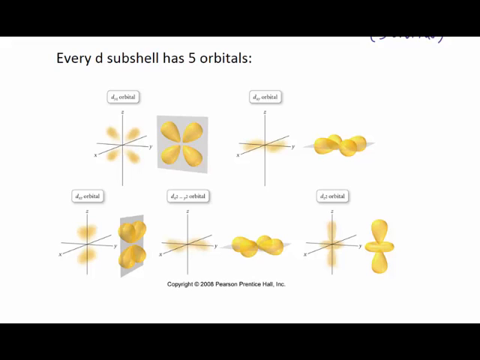There's one more, called x squared minus y squared. It has to do with the coordinate systems. There's some algebra there. The difference here is that we've got nodes in between two of the axes. So you see these lobes are right on the x-axis and the y-axis. That's one of them.